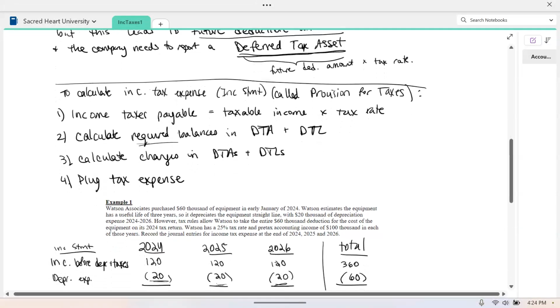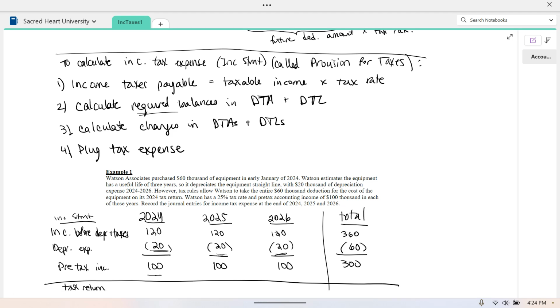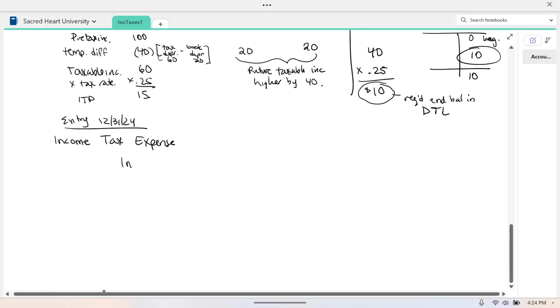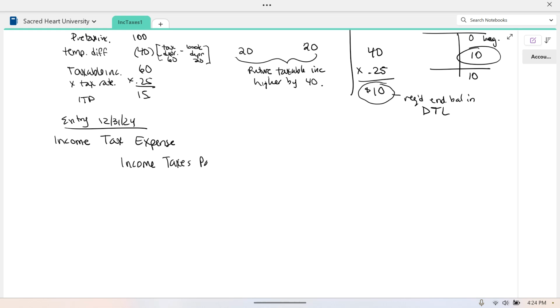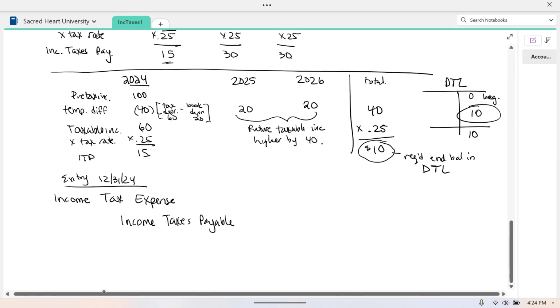When we looked at the steps to calculate the income tax expense, it's the last thing. And it's based on what we're doing with our income taxes payable. And in this case, we're just going to have one deferred tax liability. So start with our income taxes payable, straight from the tax form, although we were able to calculate it here as 15,000.